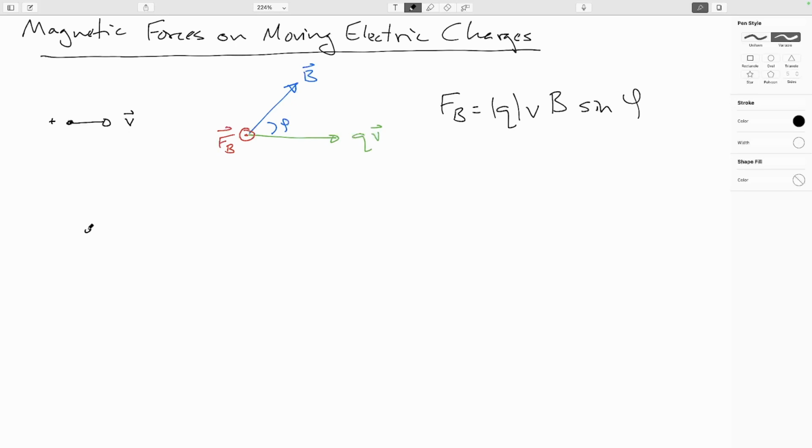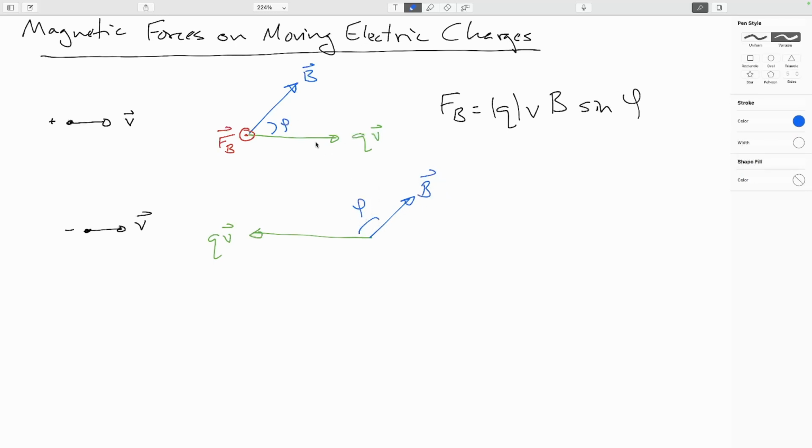Okay, let's say this were a negative charge. Again, we'll have it moving to the right. In this case, Q times V would be pointing to the left. My magnetic field would still be like that.